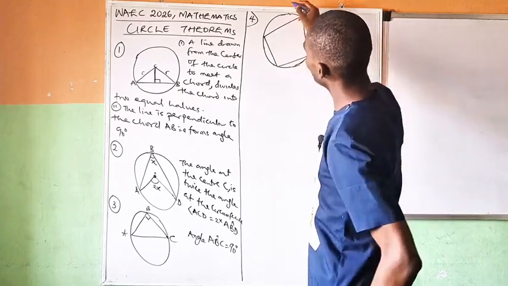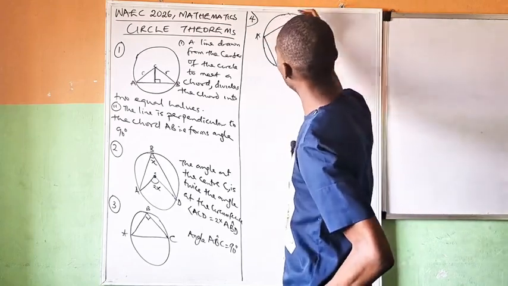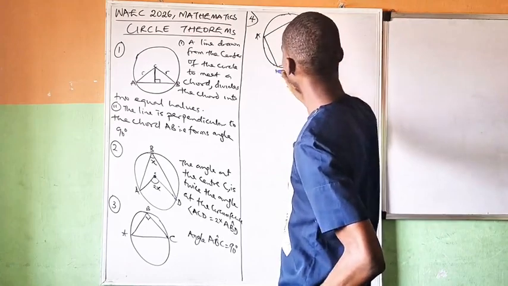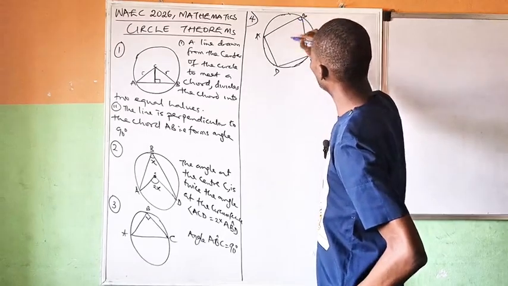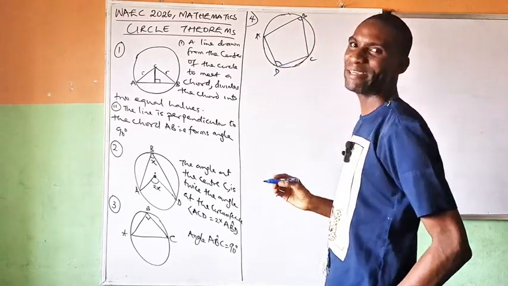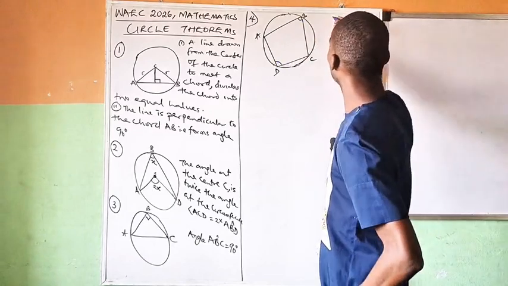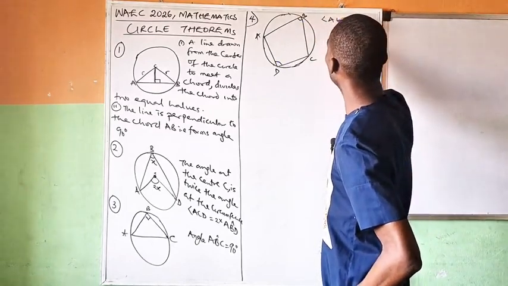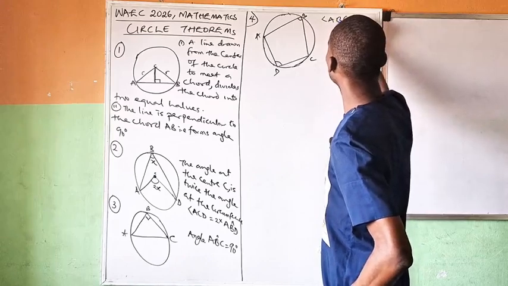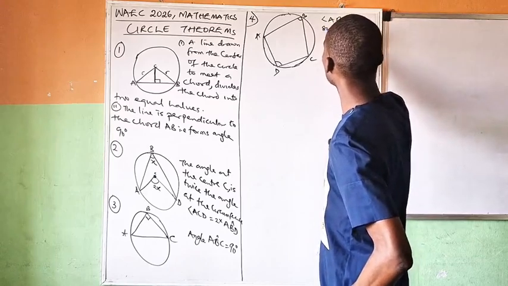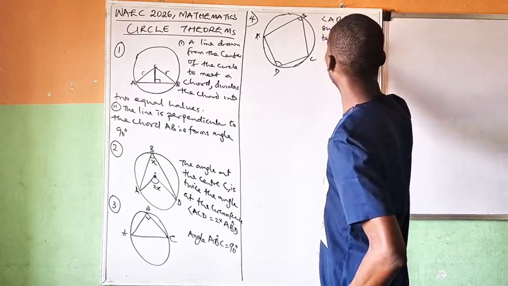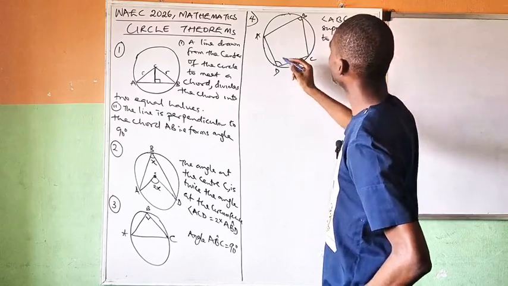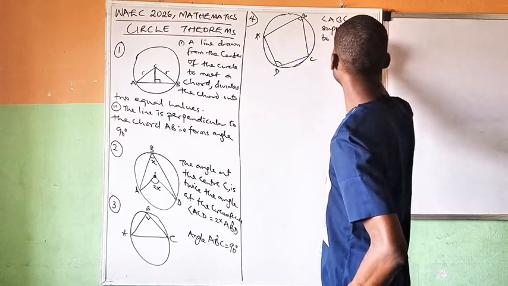So in this circle, if I have A, B, C, D, the theorem says this angle and this angle are supplementary. So angle ABC is supplementary to angle ADC.